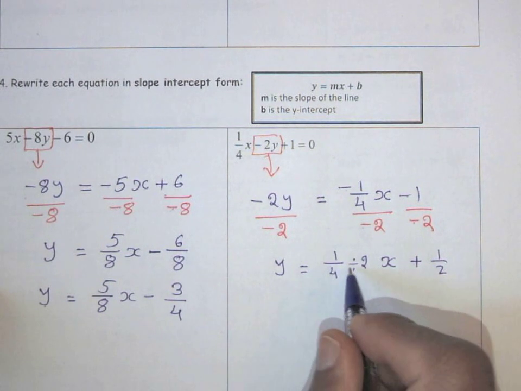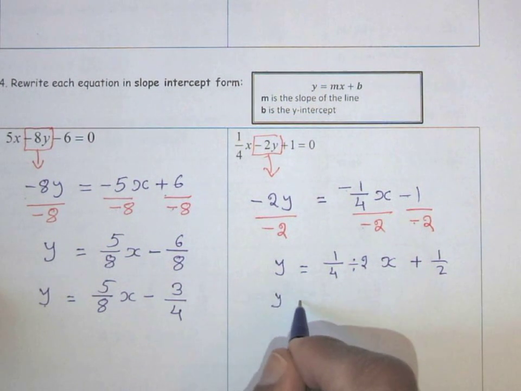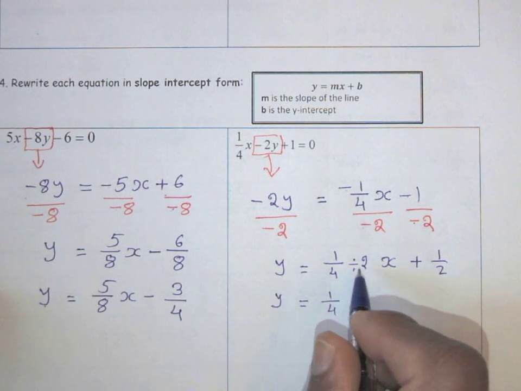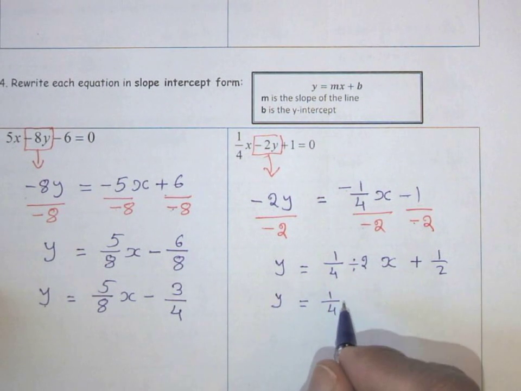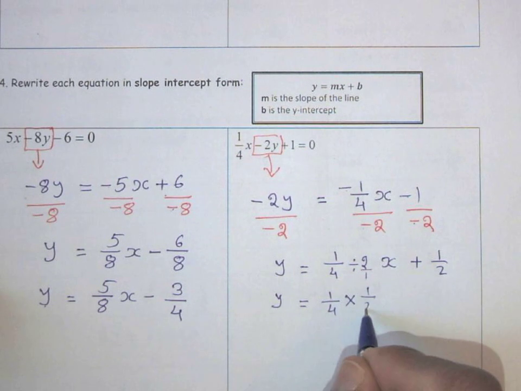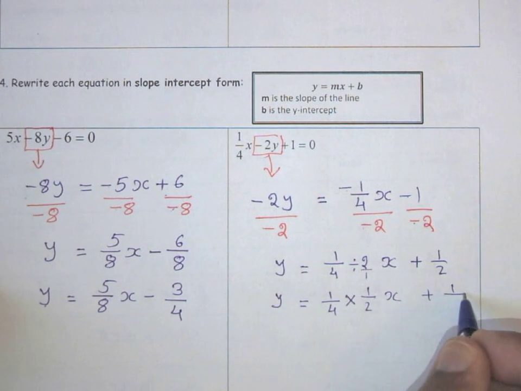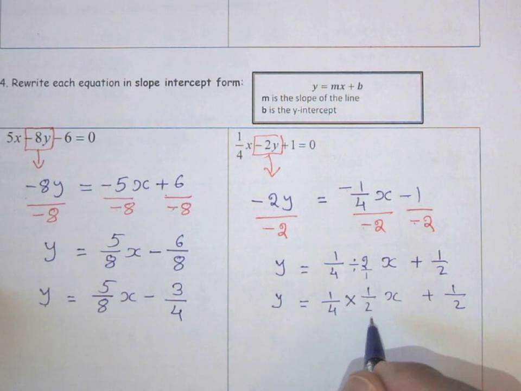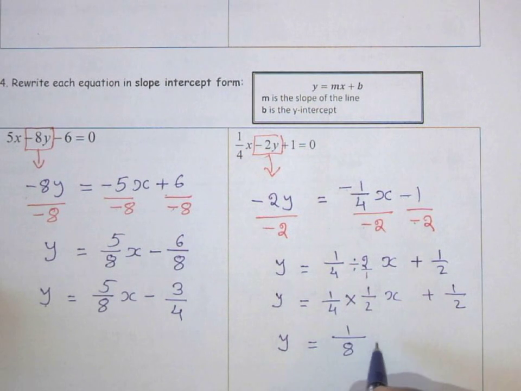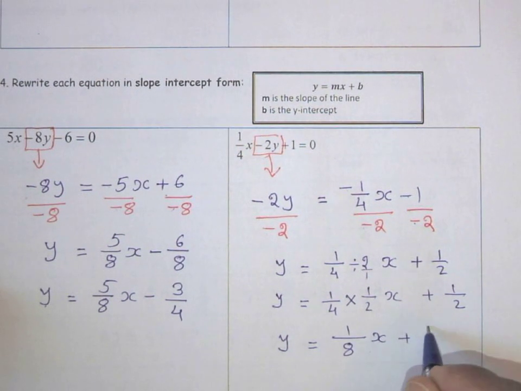So we need to simplify this. y equals 1 over 4, and you know it is a division, so you multiply and then flip. So it becomes 1 over 2x plus half, and you could simplify this. Therefore, y equals 1 over 8x plus half.